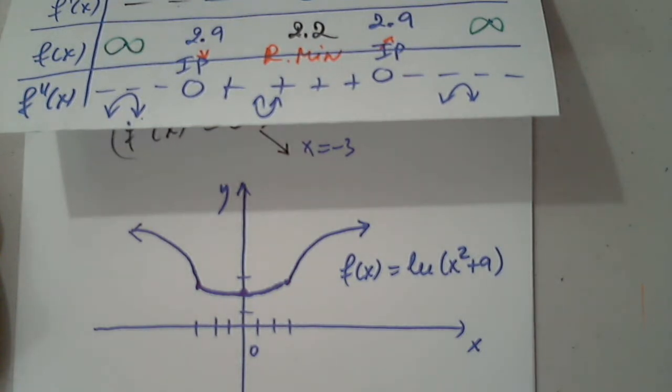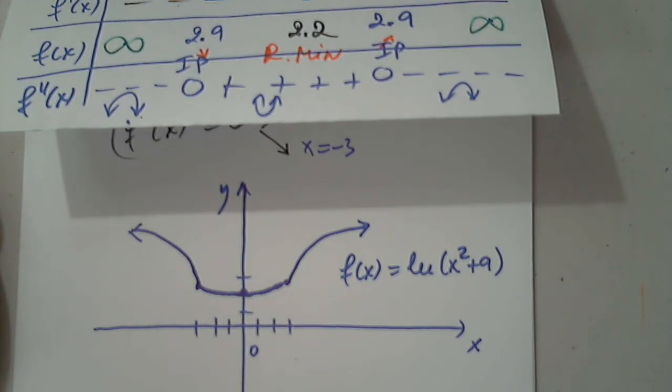And now the last one that we just looked at was natural log of x squared plus 9. Was a very good pick. Thank you so much again. Okay, so when I graph this, I know the viewing window should be between negative 10 and 10 if you want. There is nothing under 2.2, right?